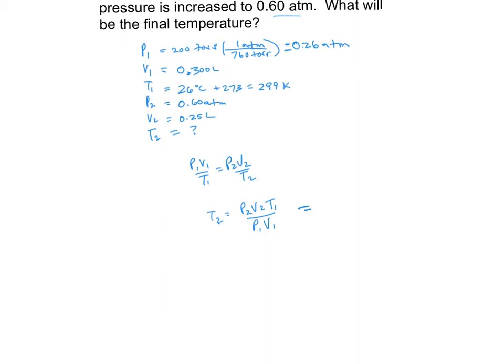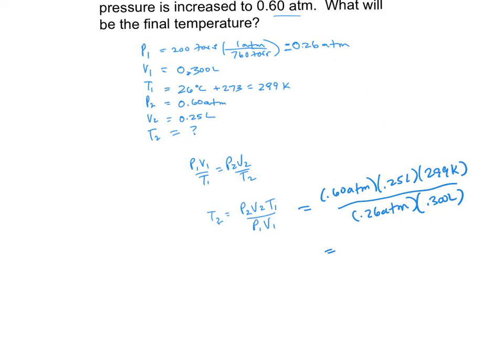So we have 0.60 atmospheres, which is P2, V2 is 0.25 liters, T1 is 299 Kelvin, divided by P1, which is 0.26 atmospheres, and V1, which is 0.3 liters. If I got that right, this is going to work out to be 575 Kelvin.